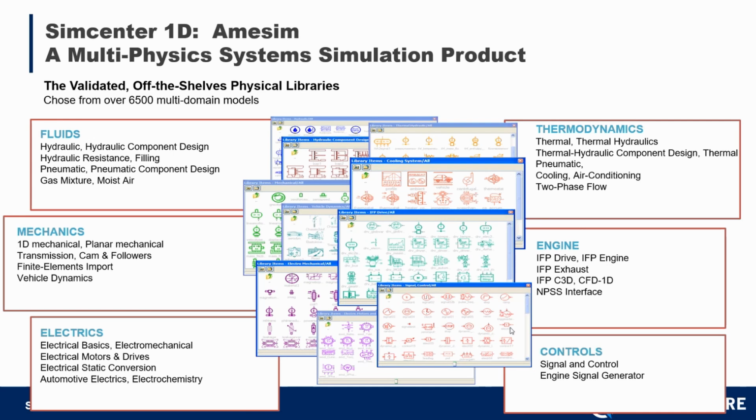So it's really great if you can take advantage of these ready to use libraries or even the industry oriented solutions to perform system simulations, because they're tailored to specific industries like aerospace, automotive, and marine applications. And with these libraries, Amesim is able to create higher fidelity models to predict advanced dynamics with a shorter turnaround time.